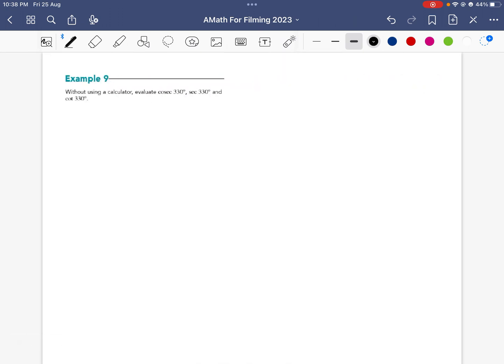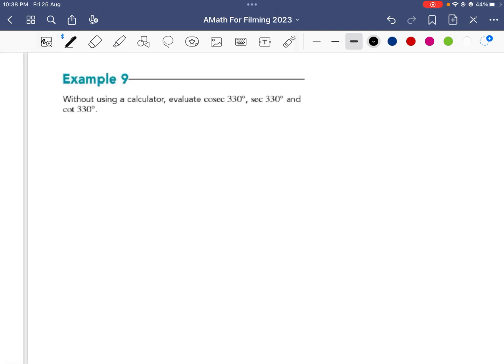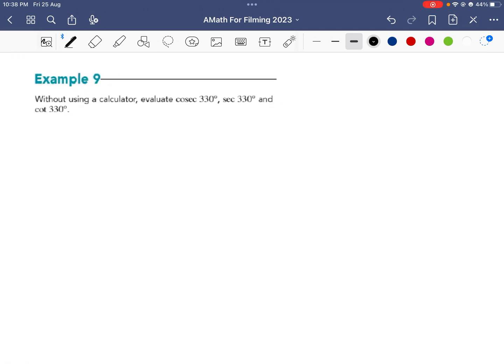Okay, now last example for 10.1, then we have a try 9, then we are done with this chapter. Example 9, without using a calculator, evaluate cosecant 330, secant 330, and cotangent 330. Slowly first. Let me go and find where 330 is first. 90, 180, 270.